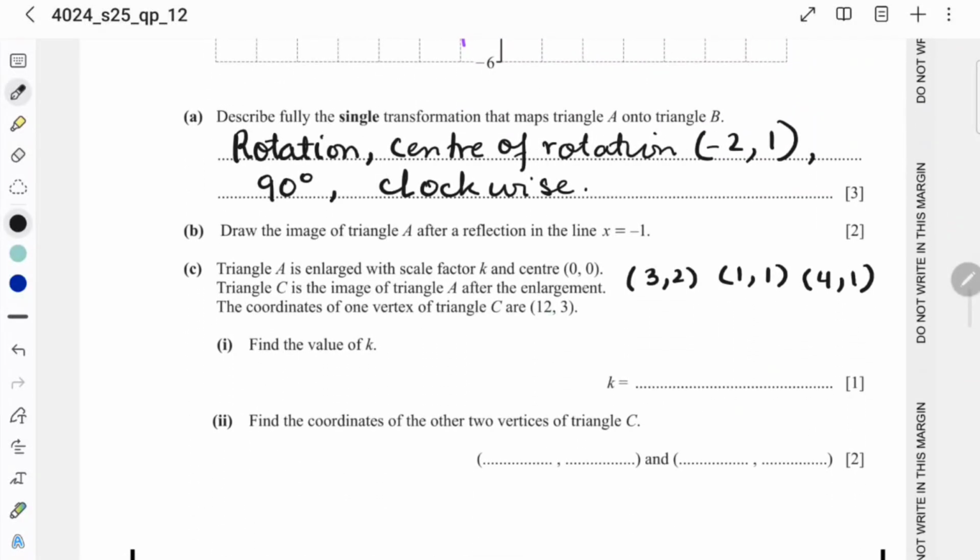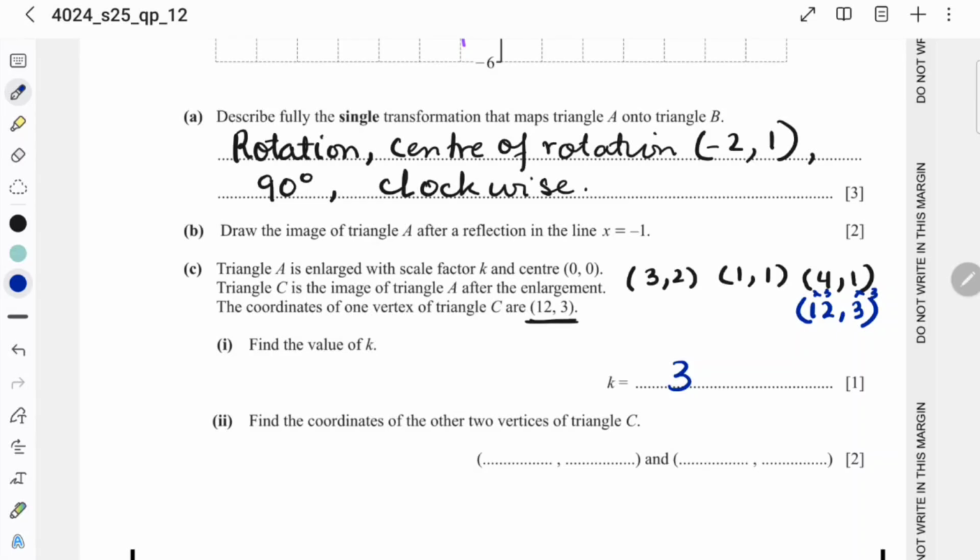One of the points from the origin is enlarged and became (12, 3). (12, 3) means the first number is more than the second number, so obviously (4, 1) will become (12, 3). After enlargement, what did they do? They just multiply each number by 3. 4 times 3 is 12, and 1 times 3 is 3. So we know that k will be equal to 3.